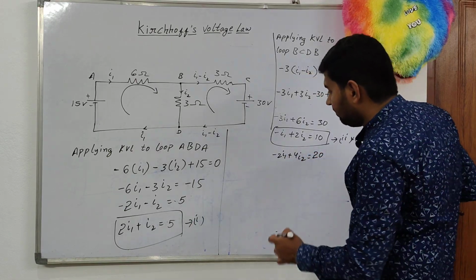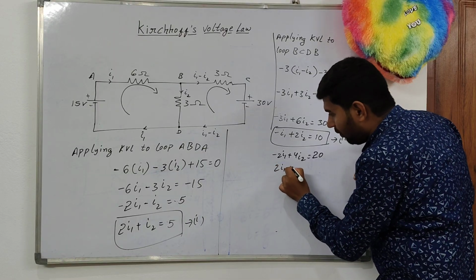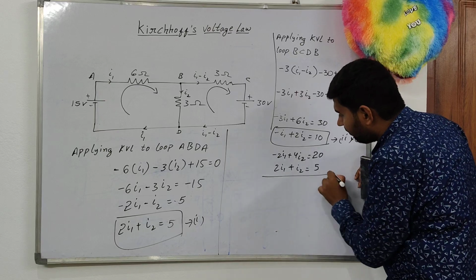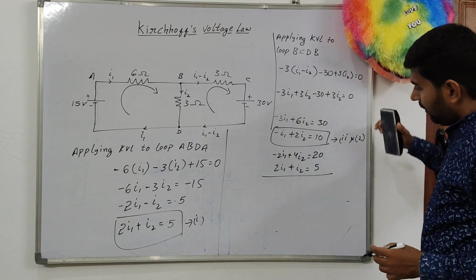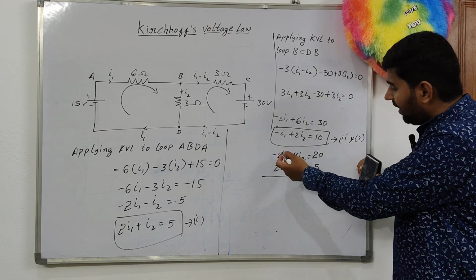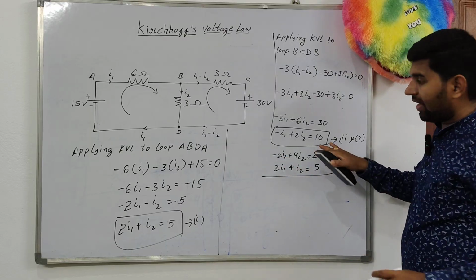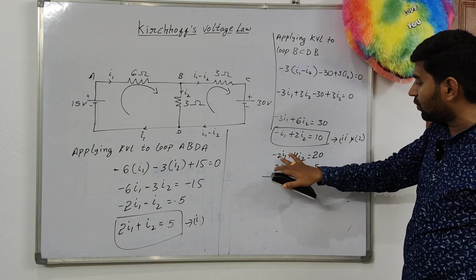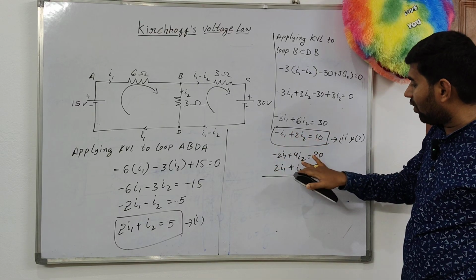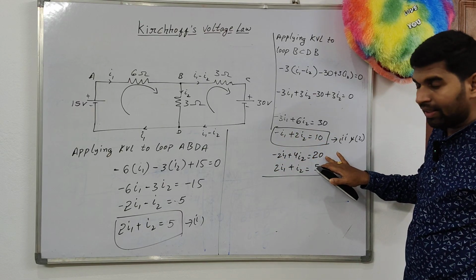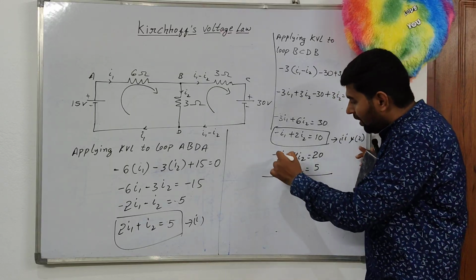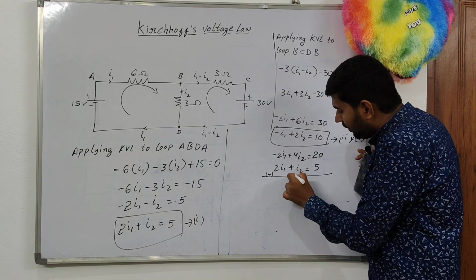And the other equation is 2I1 plus I2 is equal to 15. Now I will add these two equations.